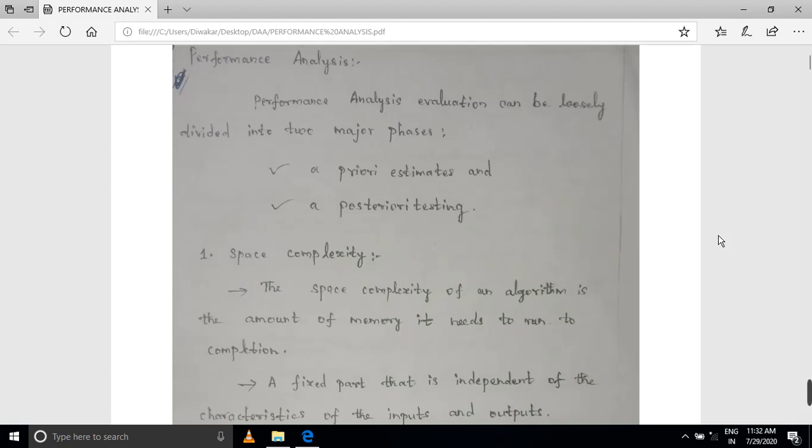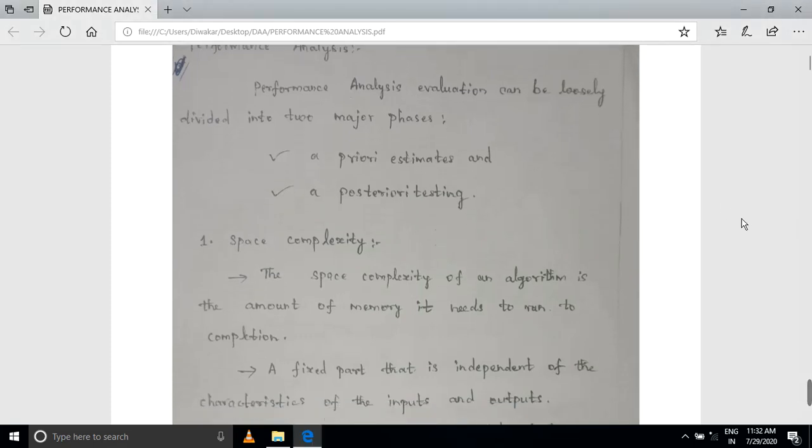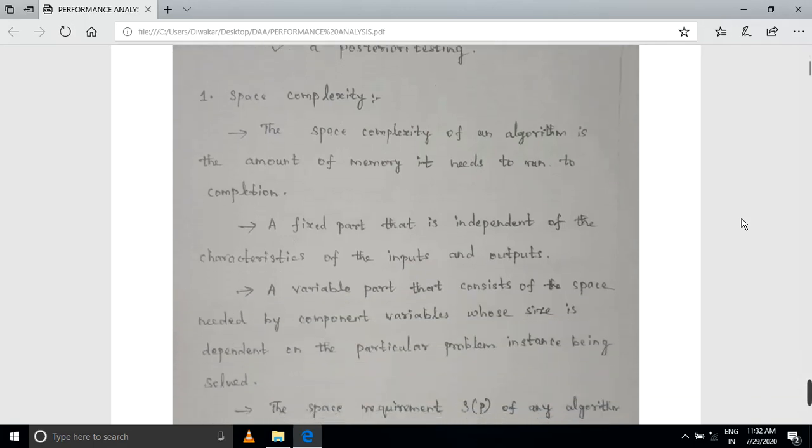One is space complexity. The space complexity of an algorithm is the amount of memory it needs to run to completion. It has a fixed part that is independent of the characteristics of the inputs and outputs, and a variable part that consists of the space needed by component variables whose size is dependent on the particular problem instance being solved.